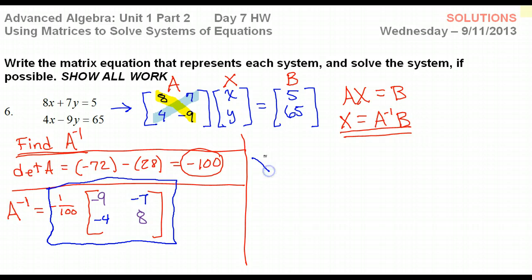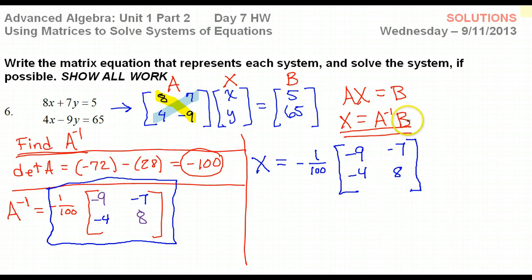We're supposed to be finding the variable matrix, and we get that by doing A inverse times B. Here's A inverse, negative 1 over 100 times negative 9, negative 4, negative 7, 8. And then we also need B, and B is 5 and 65. So X equals A inverse B.